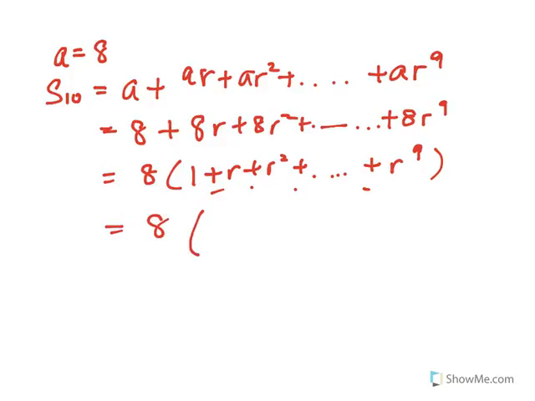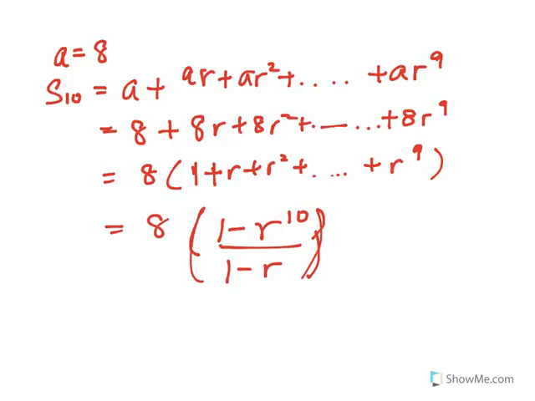This is nothing but the sum of n terms, where if you observe again, this is a GP where your first term is 1 and your common ratio is just R. So we can use the GP formula to sum up from 1 all the way up to R to the power 9. This gives the sum of 10 terms: a(1 minus R to the power of n) over 1 minus R.